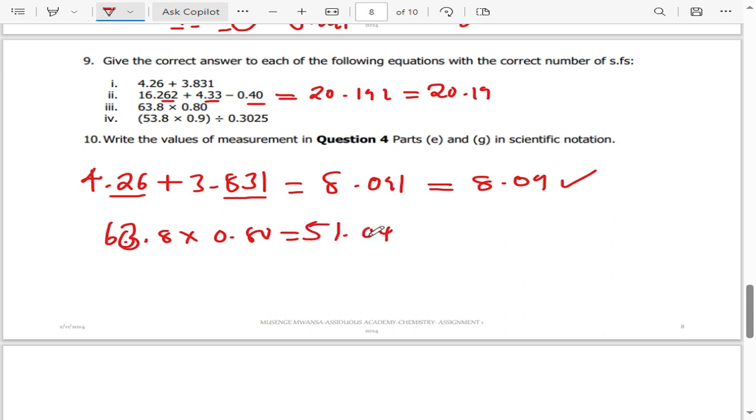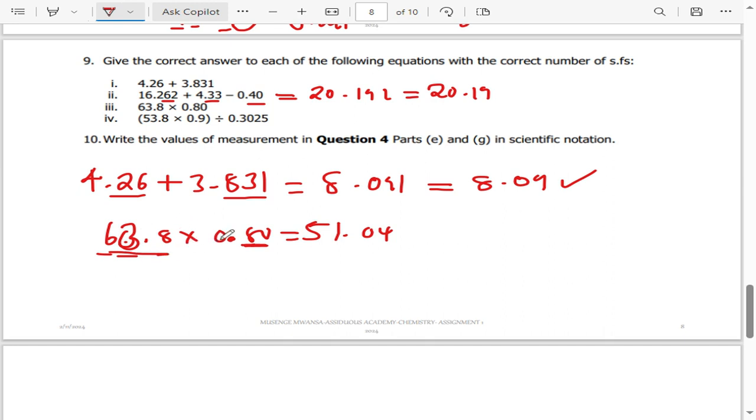Now, the rule for multiplying is when you multiply two numbers, the final answer should have the smallest number of significant figures as the number with the smallest. So this one, how many significant figures are there? 3. How about this other one? This is 0 significant. The 0 in front of the number which has a decimal is not significant. This one has got 2 significant figures. This one has got 3.